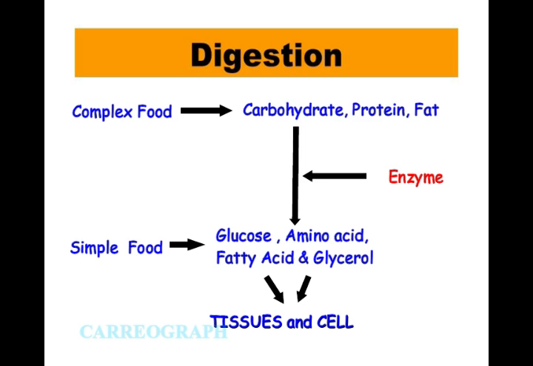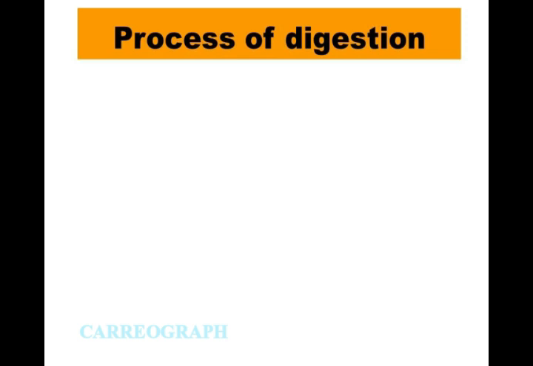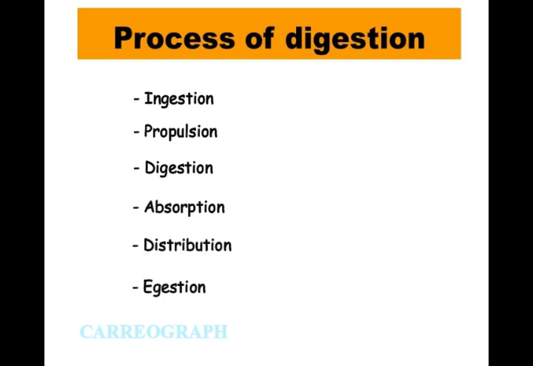After this distribution, we get undigested food which is eliminated out from our body through the anus, and this process is called egestion. So friends, we have seen the different processes of digestion, that is ingestion, propulsion, digestion, absorption, distribution, and then finally elimination of undigested food out from our body through the anus.